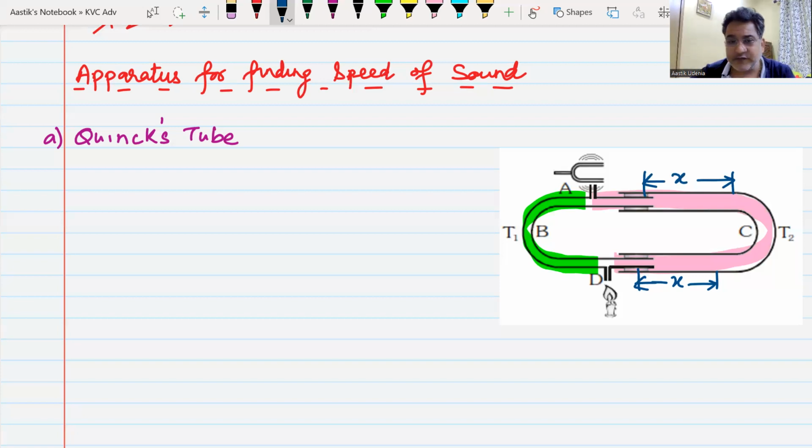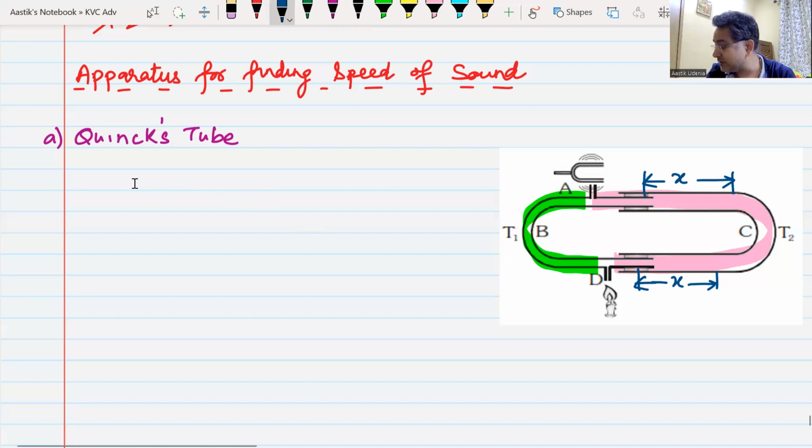Because the pink wave is traveling 2x extra if the tube is moved x distance out. Depending on whether there is constructive or destructive interference, we can find out the speed of sound.